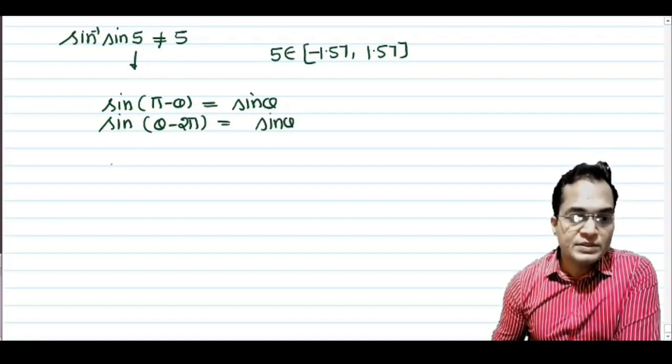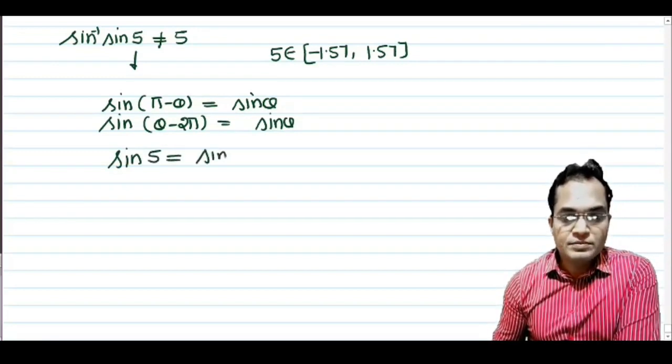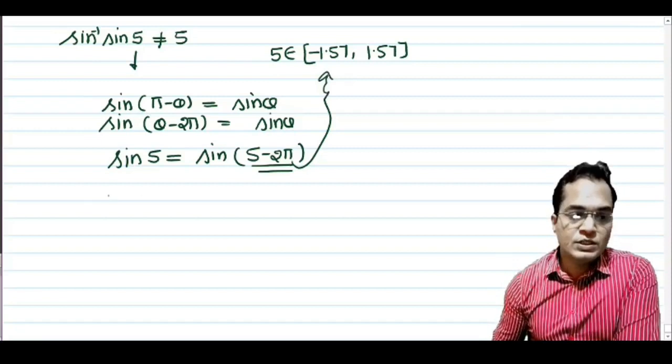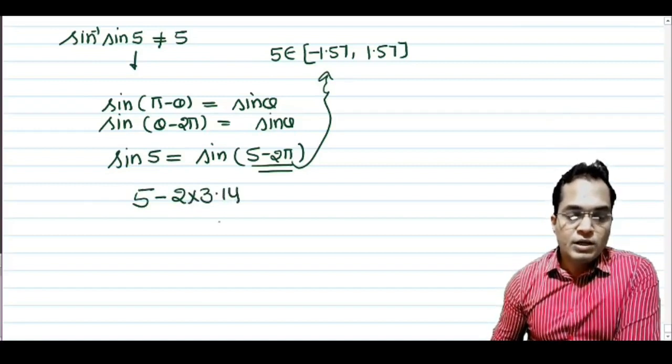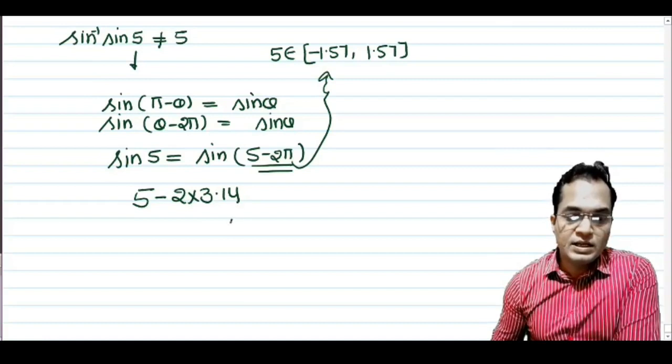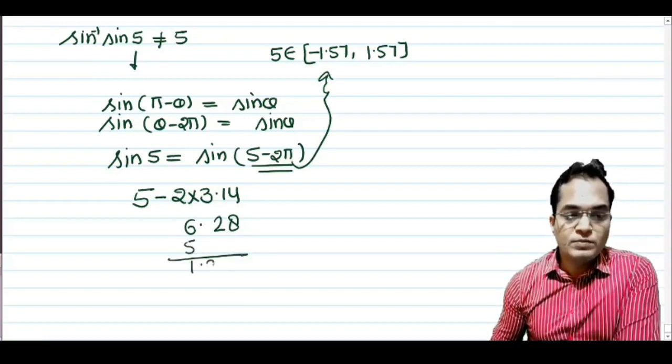We can write sine 5 as sine(5 minus 2 pi). Does this value lie in this range? That is 5 minus 2 into 3.14. Let's solve it. 2 times 3.14 is 6.28, and subtracting, 5 minus 6.28 gives minus 1.28, which lies in this range.